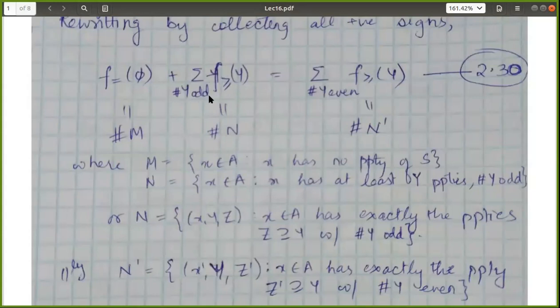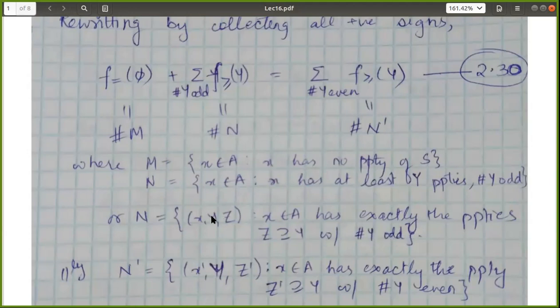This description is equivalent to saying that N is the collection of triples (x, y, z) such that x belongs to A, has exactly the properties of y, where y is some subset of z, and z is a superset of y with y's cardinality being odd.